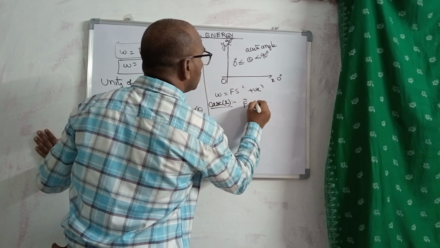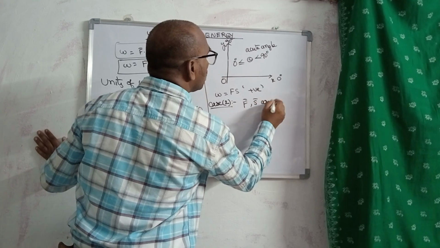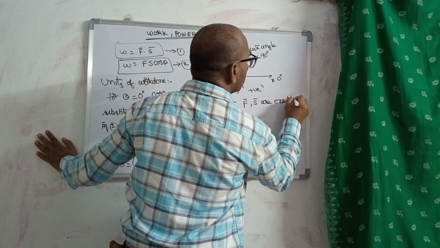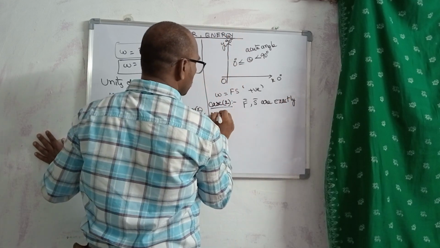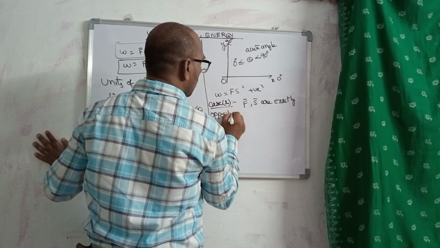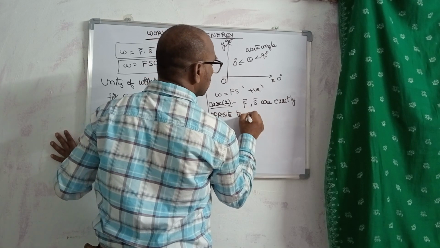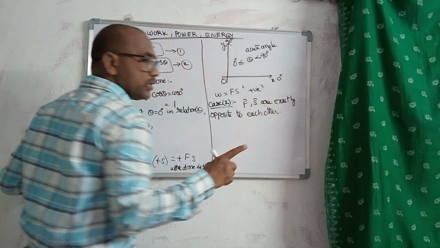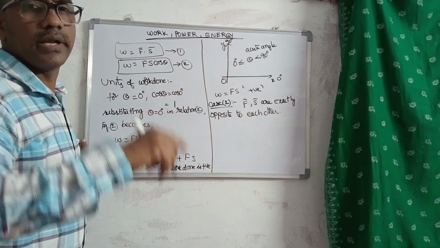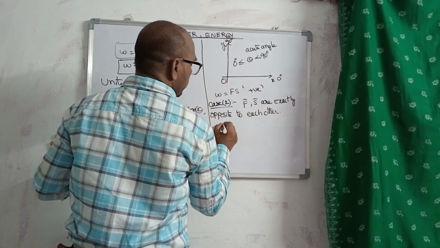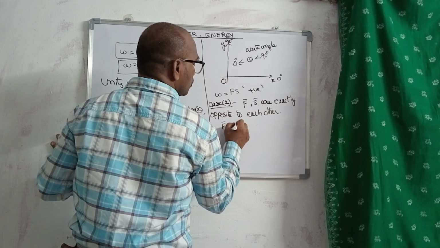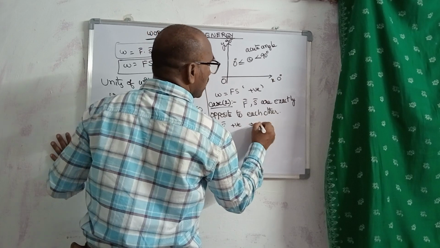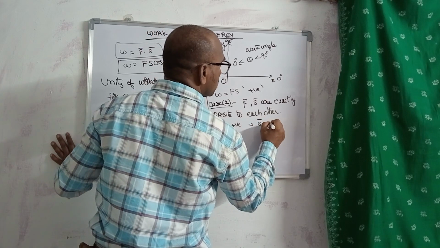Force and displacement are exactly opposite to each other. So what happens? One is positive, another one is negative. Let force be positive; automatically displacement is negative.